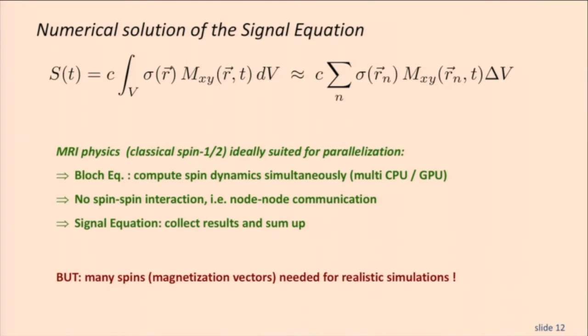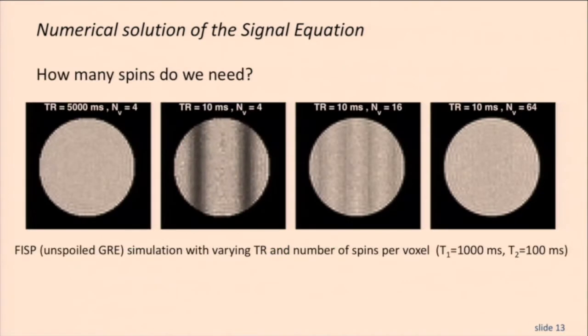However, the problem is that we typically need many spins to get a realistic simulation of MRI. And how many we need is actually not so easy to answer. These are simulations of a very simple gradient echo sequence, with a very long TR of 5 seconds on the left, and we simulated 4 spins per voxel.